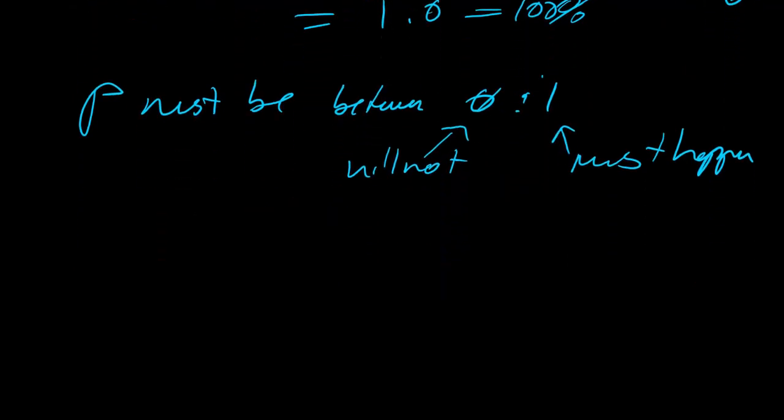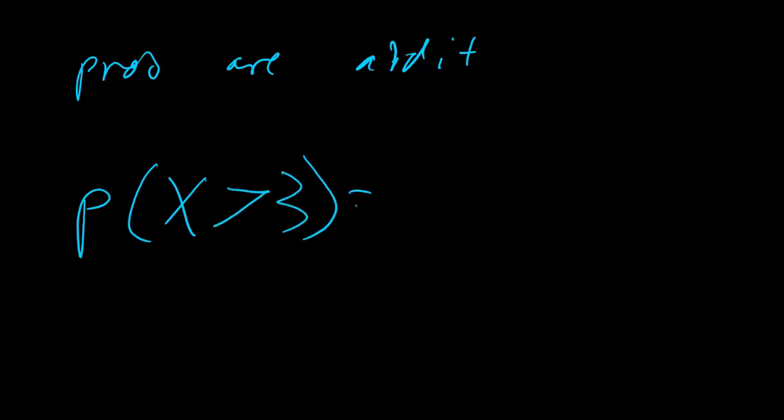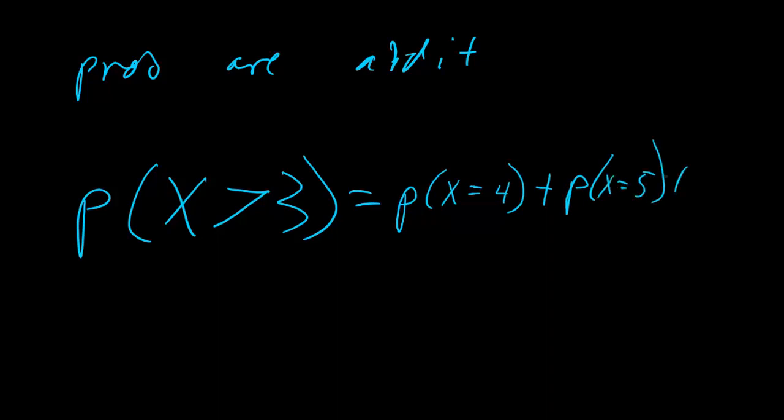All right. And finally, the probabilities are additive. So, what is the probability, for example, of rolling a number that is greater than 3? Well, what are all the numbers greater than 3? Well, this is the probability that x will be equal to 4, plus the probability that x will be equal to 5, plus the probability that x will be equal to 6.